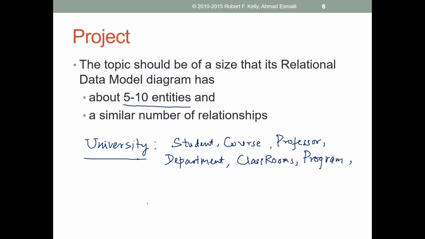In the past I have had the experience that students came up with a very interesting project, kind of inspired by the data that they already had. But the problem was that from the data they had, it was very difficult to come up with the entities. The data was pretty rich, but it was just about one entity. So please avoid those situations.